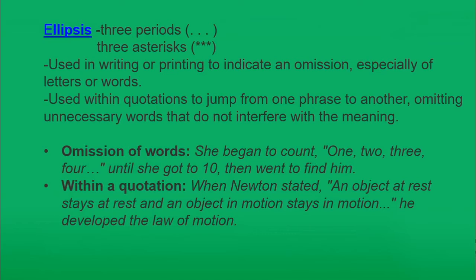Students writing research papers or newspapers, quoting parts of speeches will often employ ellipses to avoid copying lengthy text that is not needed. So this is one of the important punctuation marks.